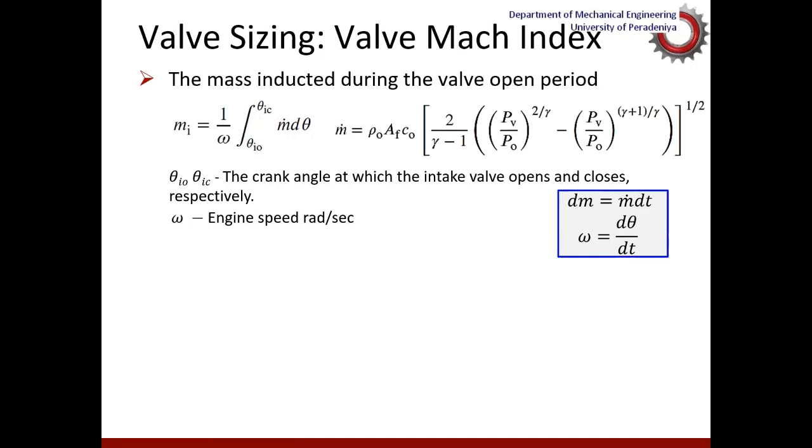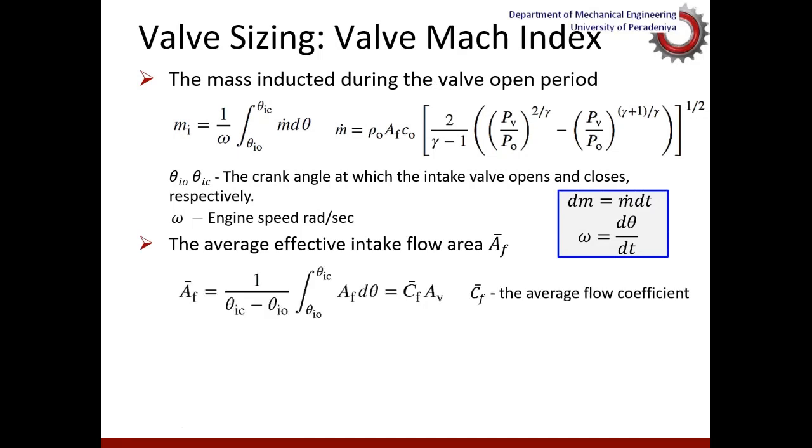And an expression for m dot we found earlier, the orifice flow equation. Accordingly, if you can work out the average effective intake flow area, A dash F, we can mathematically find it and represent this equation. This is the instantaneous area, and this is the average area.